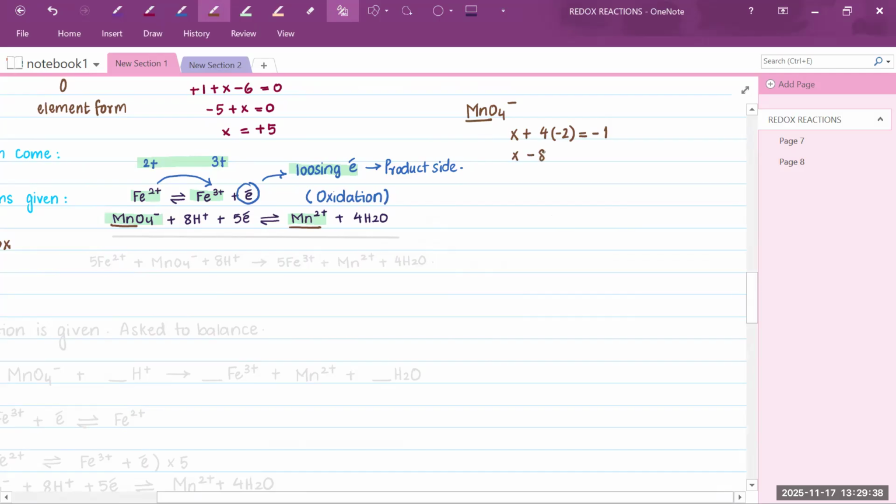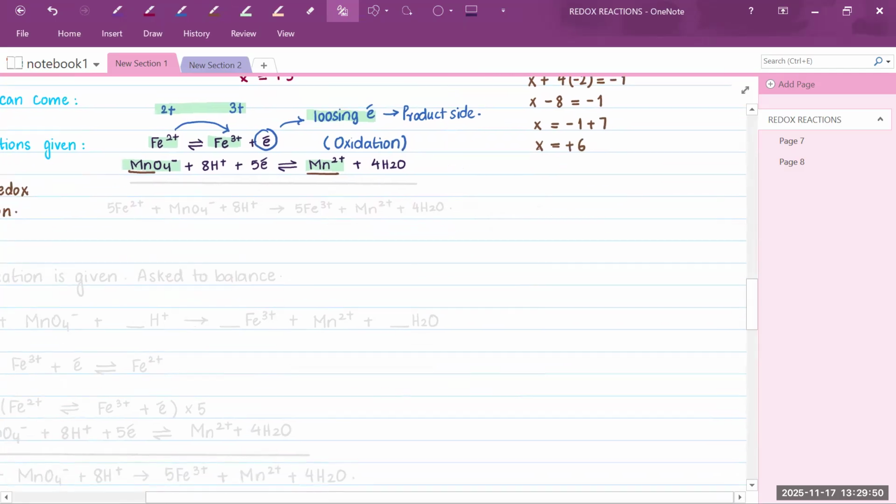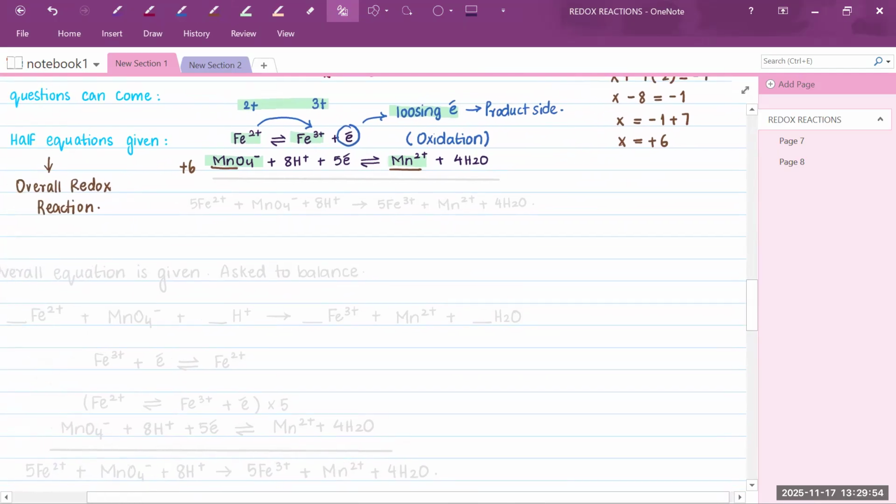X minus 8 is equal to -1. X is equal to -1 plus 7. X is equal to plus 6, right? So the charge on manganese is plus 6, right? It is not -1.